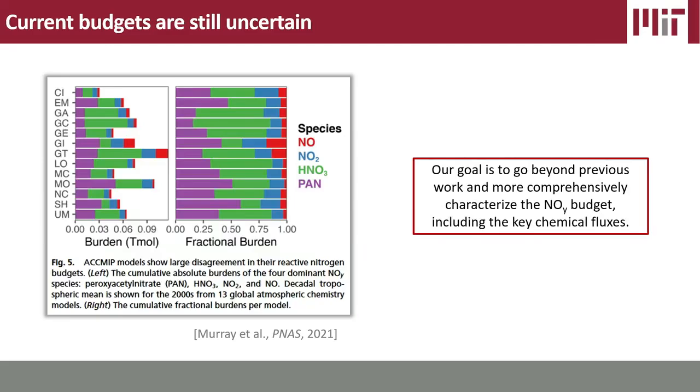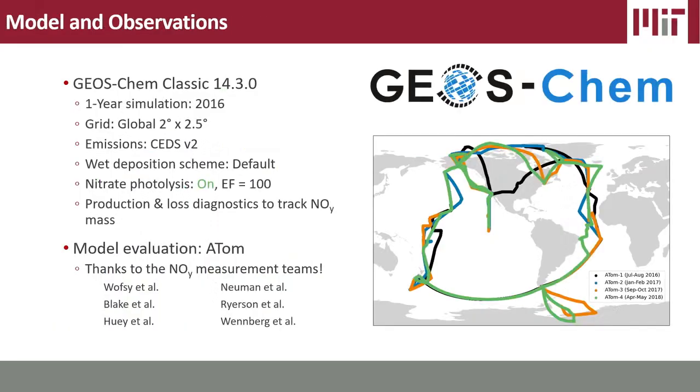And our goal with this work was to take a step back and look at a slightly more comprehensive picture of the many, many NOy species, perhaps do a better job or try and characterize some of the interconversions and fluxes, since we've learned a fair bit in the intervening time about the chemistry. We did this using a combination of models and observations. On the modeling side, we used our favorite trusty chemical transport model, GEOS-Chem, run pretty much straight out of the box. I didn't make any drastic modifications.